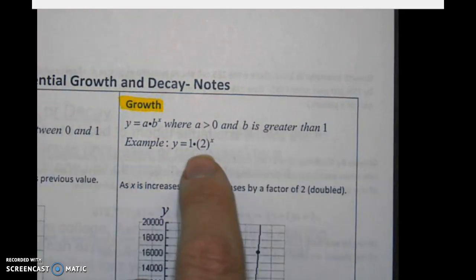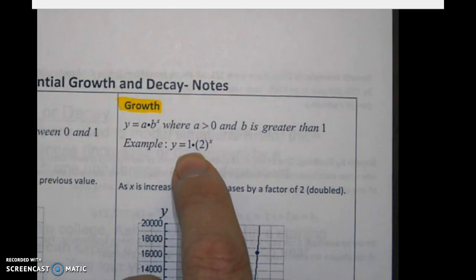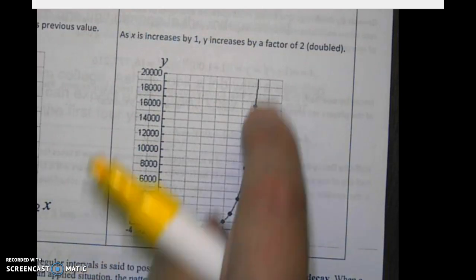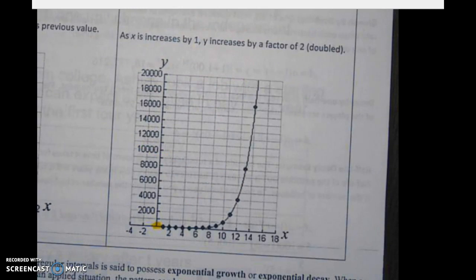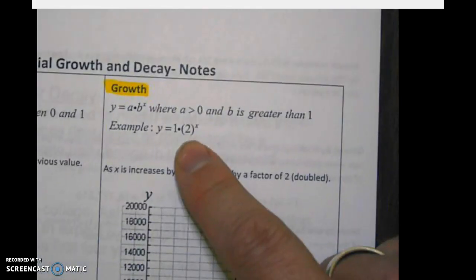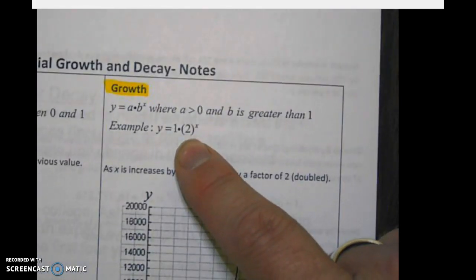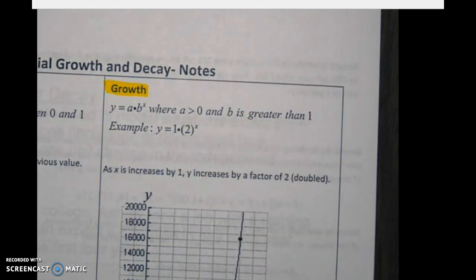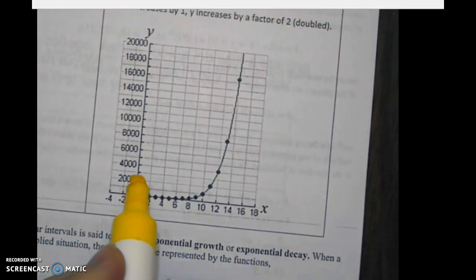So here we have a y-intercept of 1, which you can't see very well, but that's going to be about right in here. And notice the dramatic growth. The growth factor here is 2, so basically it's doubling each time. If you look at the points here, you can see the doubling at 2,000.